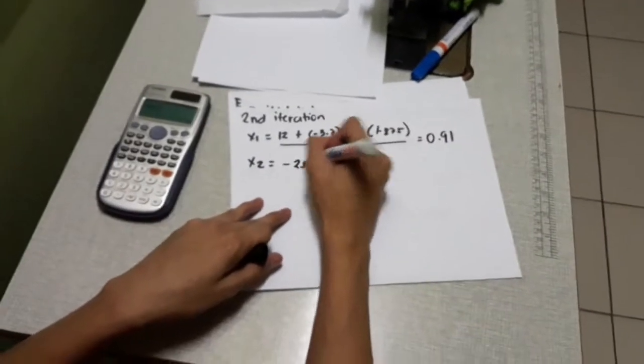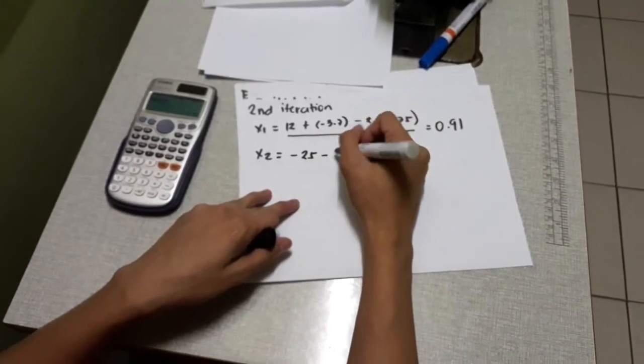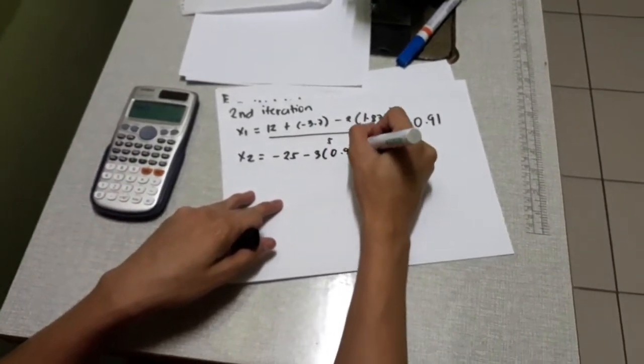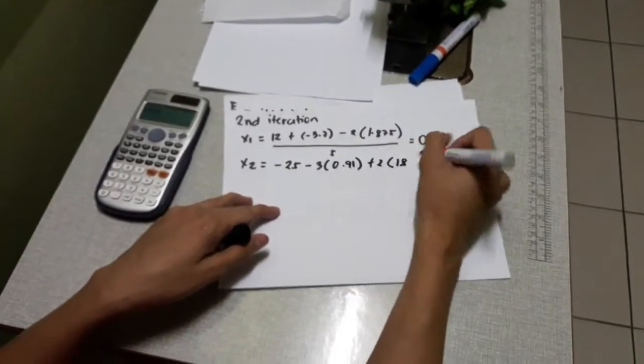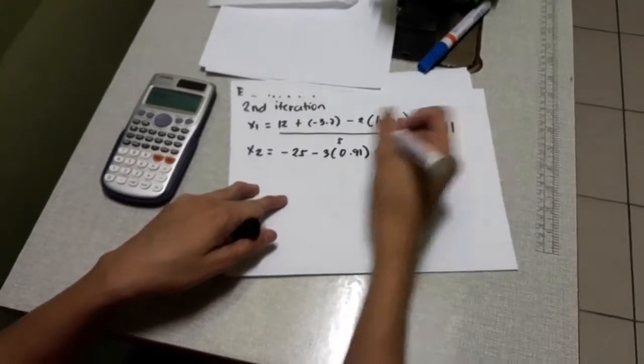So negative 25 minus 3 times 0.91 plus 2 times 1.875, over 8.